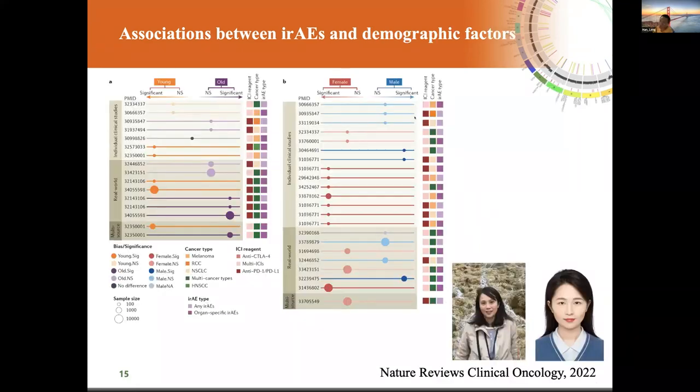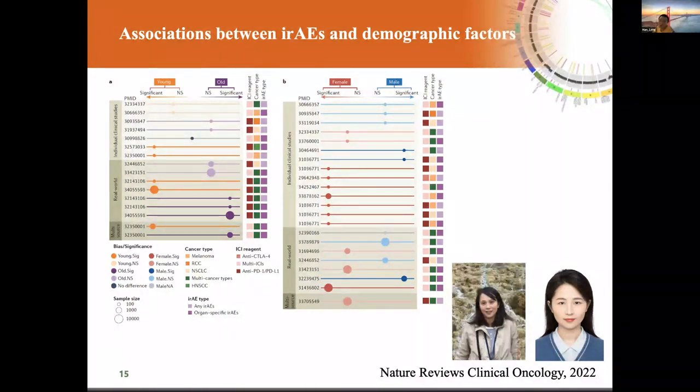Similar to this, we also summarized the associations between the REs and the demographic factors. For example, when we compare young and old patients, we see some differences for certain types of REs. And when we compare male and female patients, we also see quite a difference. Some studies show a female bias, and some show a male bias.